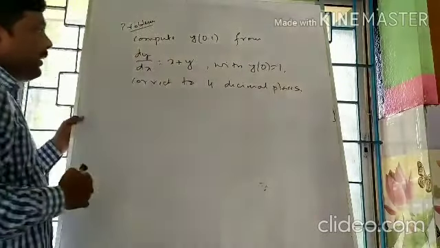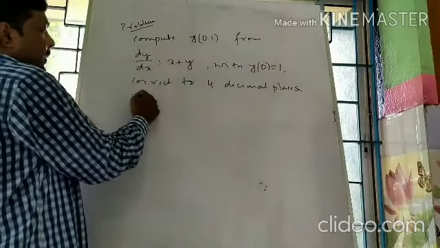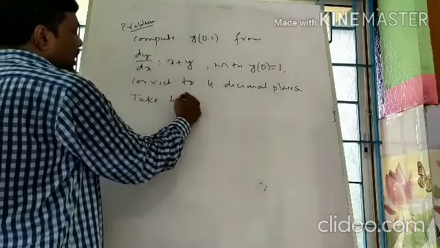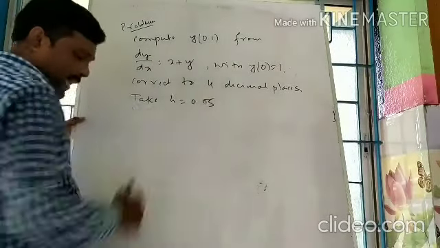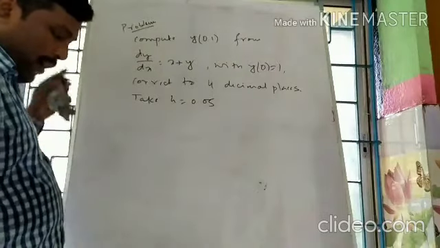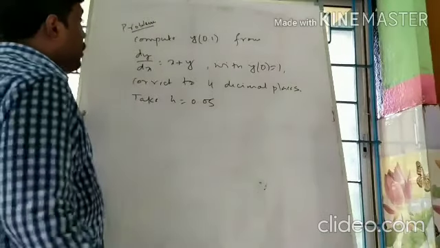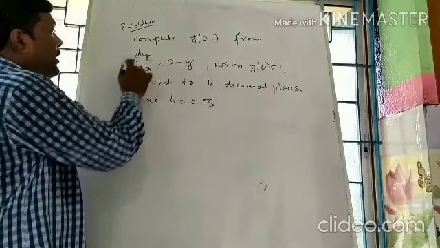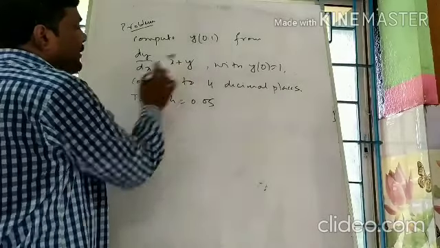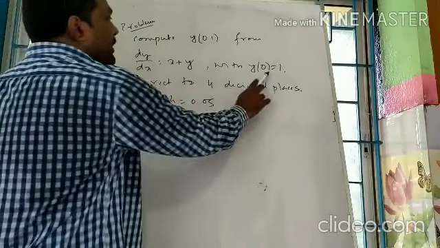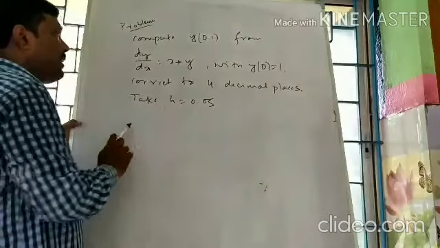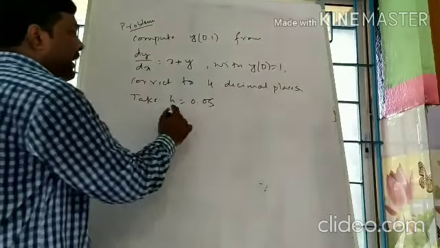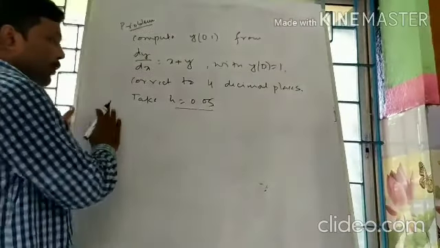Take h equals 0.05. Using modified Euler method, we have to compute y(0.1) from the differential equation dy/dx equals x plus y with initial condition y(0) equals 1, correct to 4 decimal places.